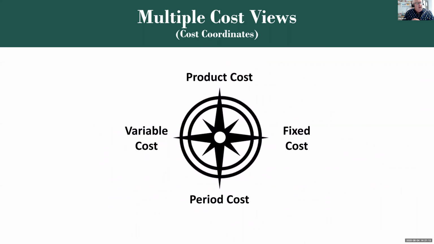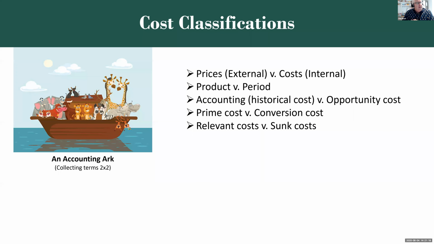Eric's already talked about the trade-off between product cost and period cost, fixed cost and variable. For me, it's easier to understand definitions when I think about them as this versus that, or 2 by 2. I've got this pair of things, and they're different when I compare them to each other.